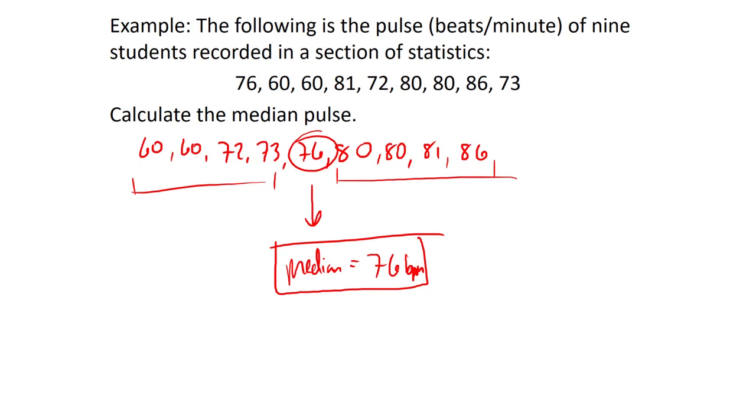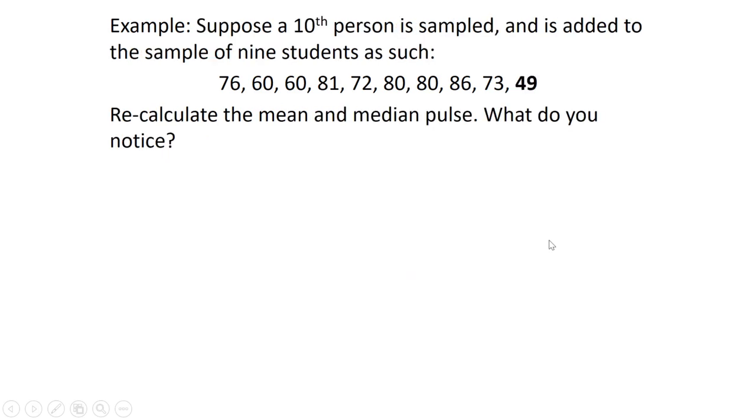Anyways, all right. So one thing I want to look at though is in this case our mean and our median were pretty close. What I'd like to know is what happens when you introduce other types of numbers. So here, let's say that a 10th person came in, and that was their pulse.